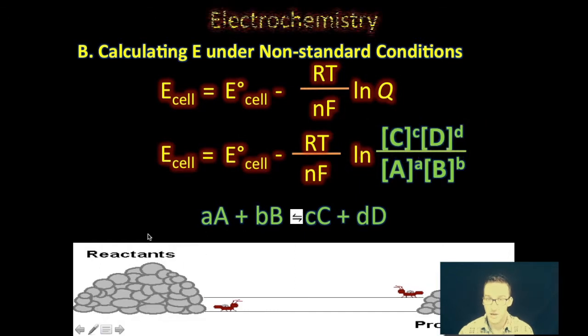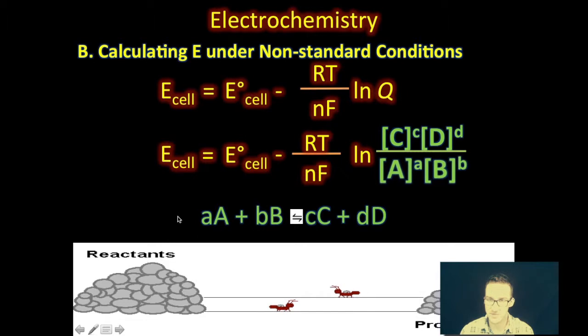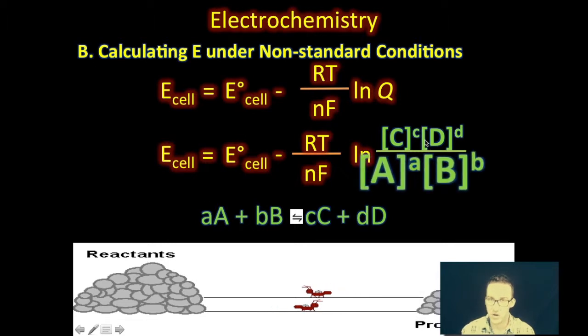However, on the other hand, if you are forming more reactants, your reaction quotient Q, when you solve it, is going to be a number that is less than 1. And when you take the natural log of a number that's less than 1, you are going to get progressively more negative numbers.